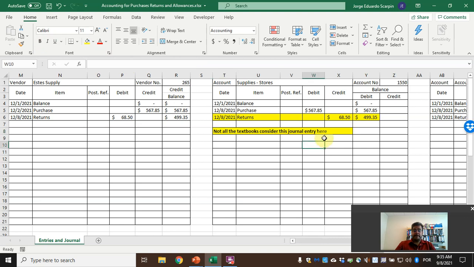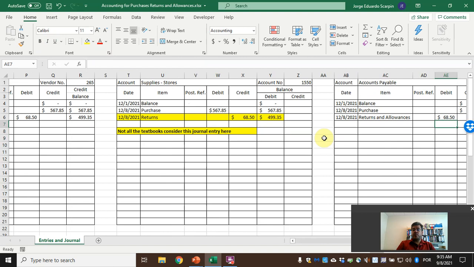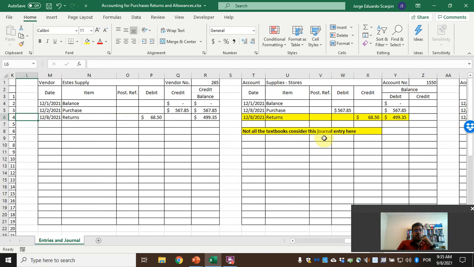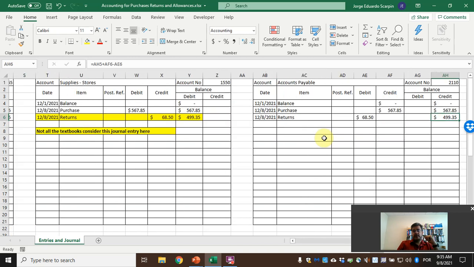And then the returns and allowances, here only returns, on accounts payable, on a debit as well. So our ending balance will be $499.85. Here we are working with only one supplier, so $499.85 here as well.